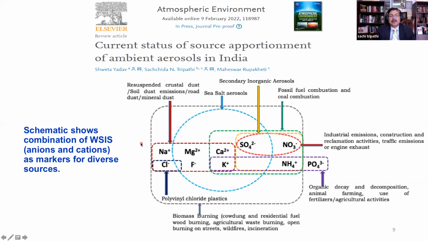If I put the overall dashed line, this could show a variety of sources: biomass burning, residential fuel wood burning, agriculture waste burning, open burning on streets, wildfire, incineration. So with all that, what you are getting is a mix of very complex sources. Separating them out requires accurate chemical analysis, a good understanding of the model, and solid interpretation of data.